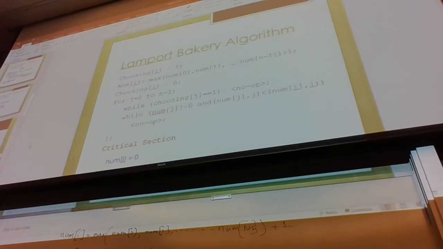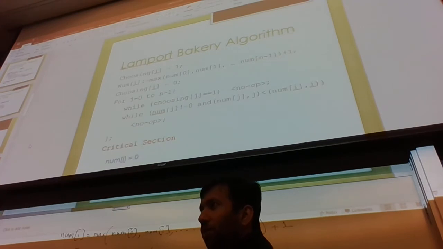Right? So it is like a token. So whenever a process arrives, it first looks at all the numbers that have been already taken, finds the maximum of who has the maximum number, and just takes the next number. Okay. So that is this process doing.